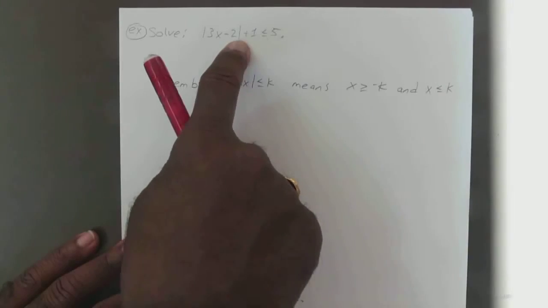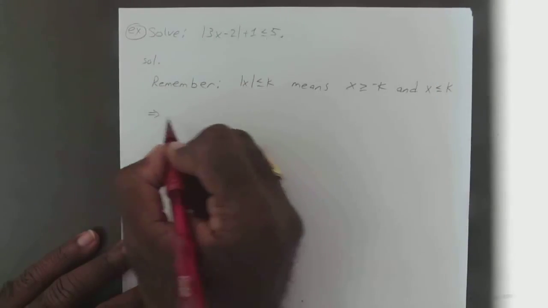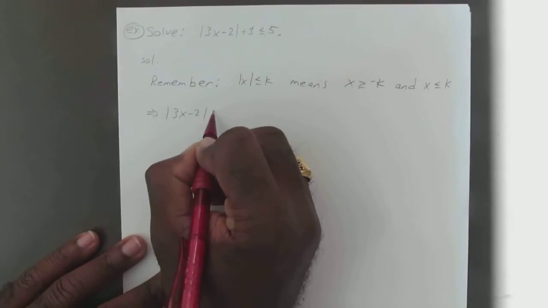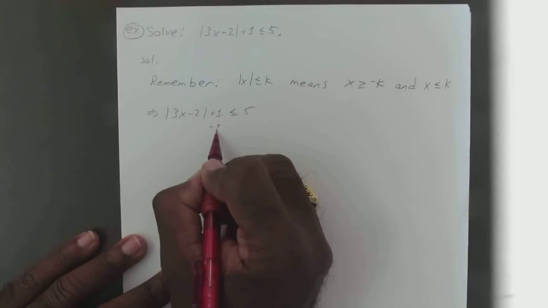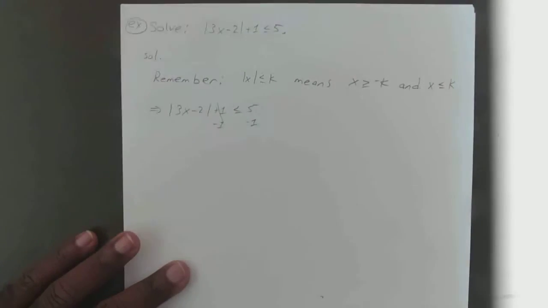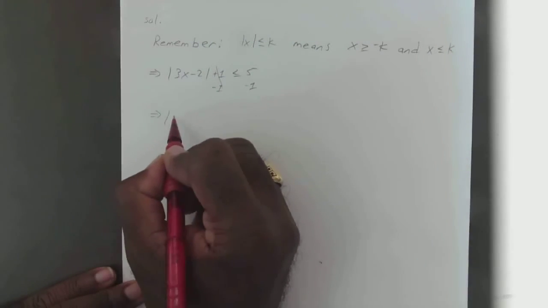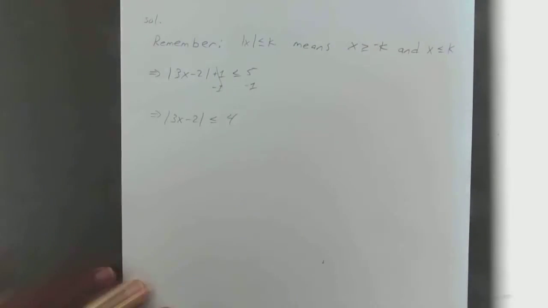The first thing we have to do is get our absolute value isolated. We just subtract 1 from both sides. So we have the absolute value of 3x minus 2 is less than or equal to 4.